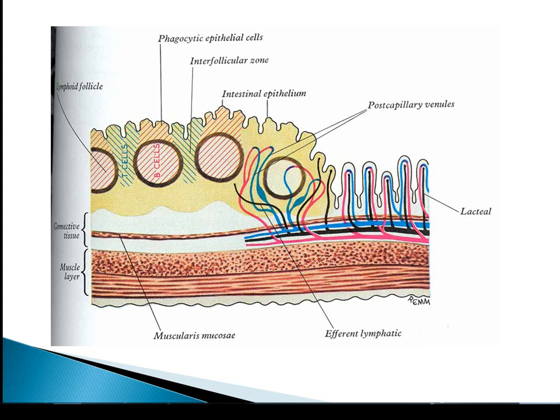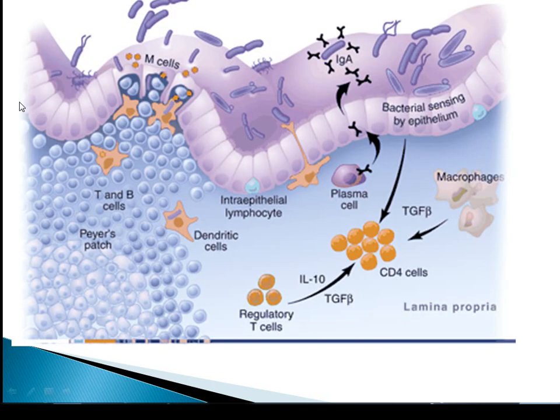All of them include lymphoid follicles located all along the mucosa of the alimentary canal, and in the alimentary canal we also have Peyer's patches that include a lot of lymphoid follicles.